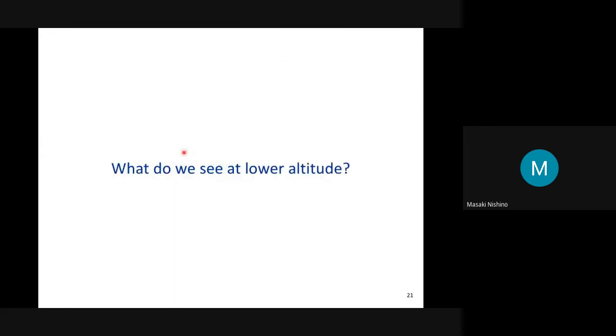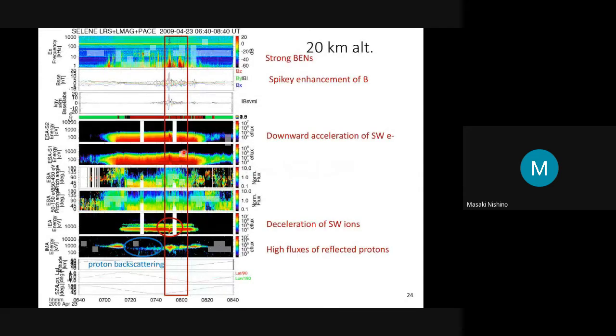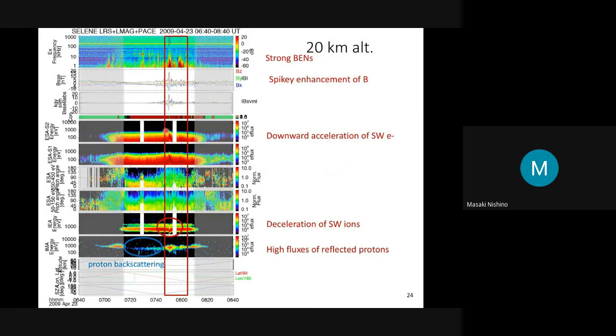So if we go down to very low altitude, at 20 kilometers from the moon, there is electron acceleration right above the strong magnetic anomaly.